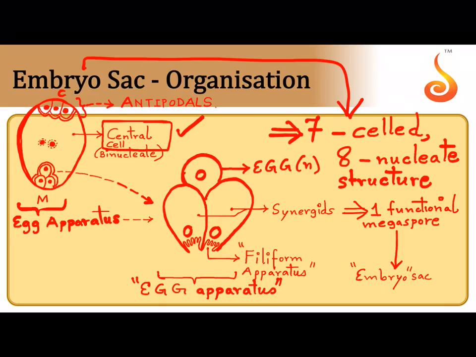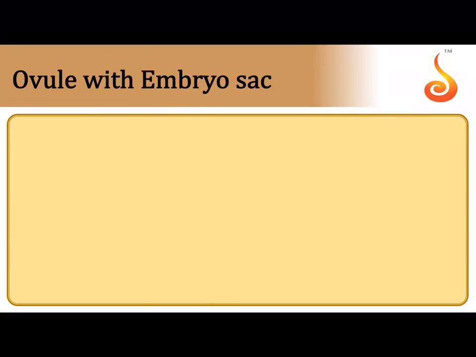Cellular or free nuclear? Free nuclear, karyokinesis, no cytokinesis. Later the cell wall develops, so that it becomes how many celled structure? 7-celled structure. And what is this development called where one functional megaspore develops into the embryo sac? Monosporic development or monospory. Okay?